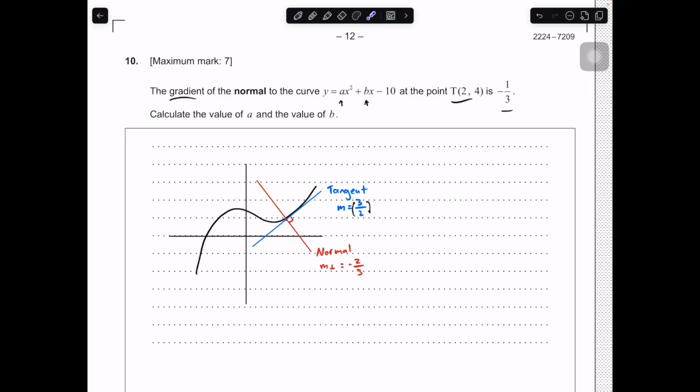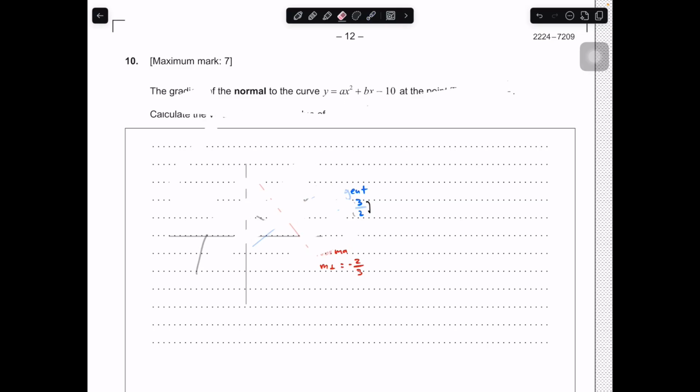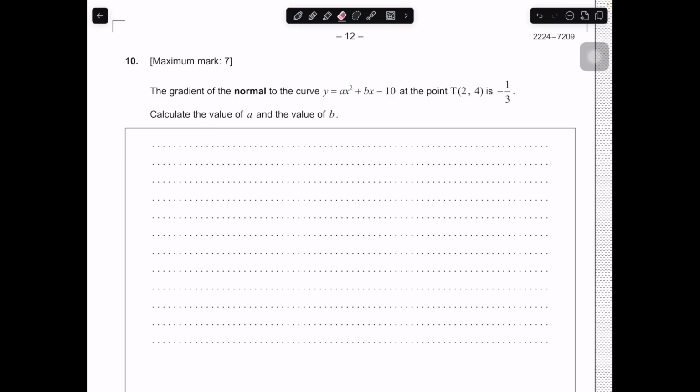Without actually just giving the answer, let's try to work through it and see what we can do. So it tells us that calculus is going to be needed in some way, or at least it suggests that it might be because we have this slope of a line at a point. So let's take this function itself, y equals ax squared plus bx minus 10. Okay, we know the slope of a line at a point is given by the derivative.